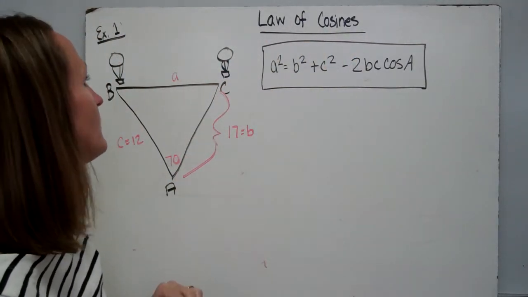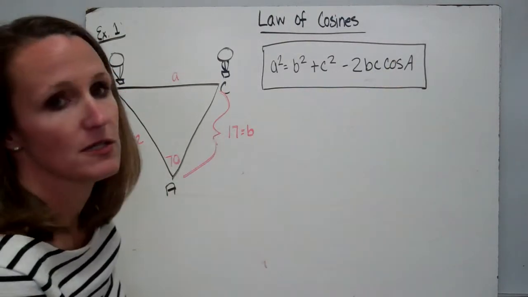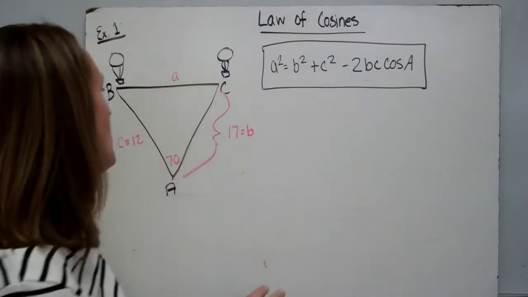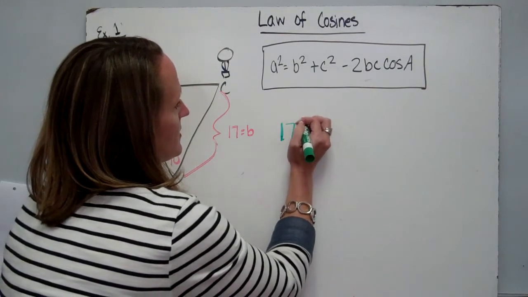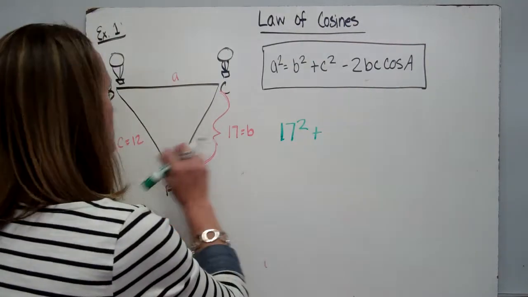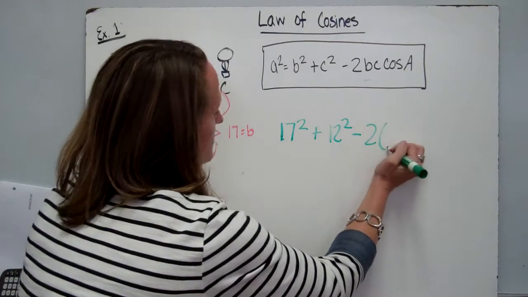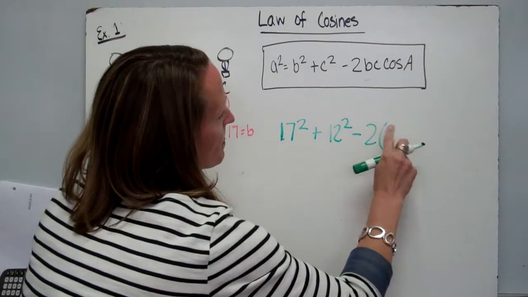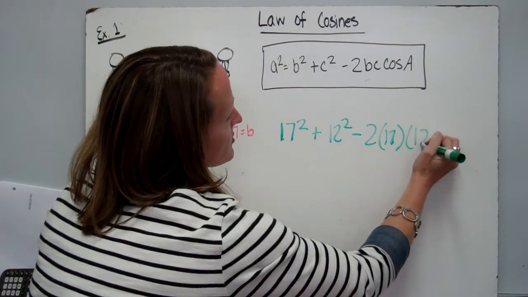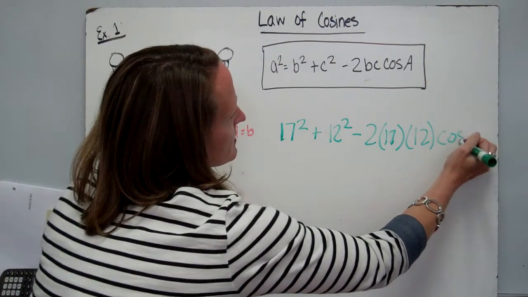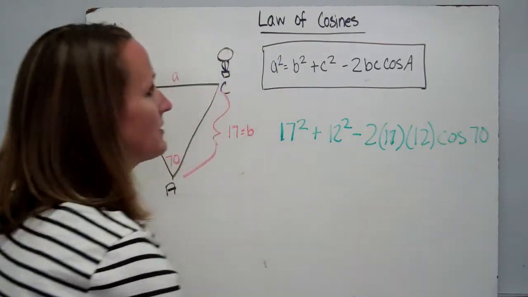Alright, so we're looking for A squared, which equals B squared plus C squared minus 2BC cosine of A. We don't know A. So let's see. I know B squared. I'm going to do 17 squared plus 12 squared minus 2 times 17 times 12 times the cosine of A, which is 70.